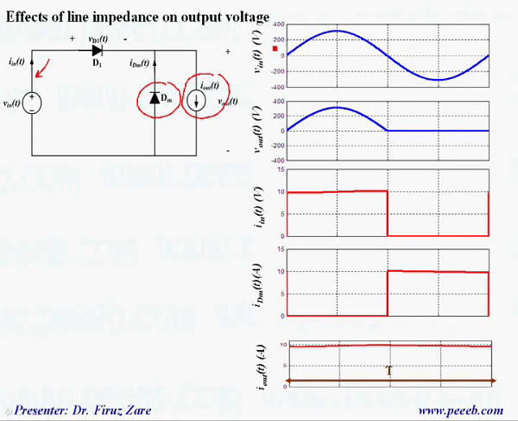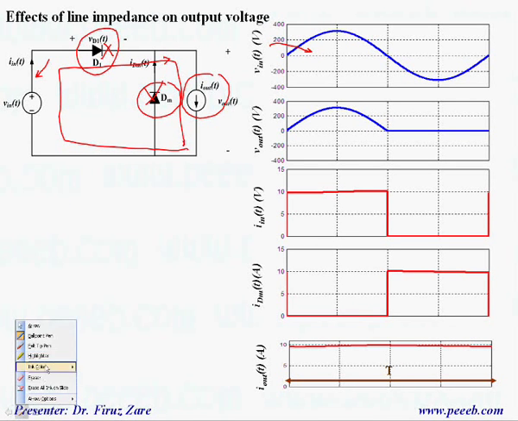For the first half cycle, when we have positive voltage, this diode conducts and this diode is off, and then the current through the input is this current. For the second half cycle, because we have negative voltage, this diode turns on and this diode turns off.